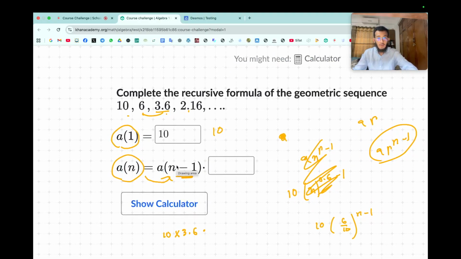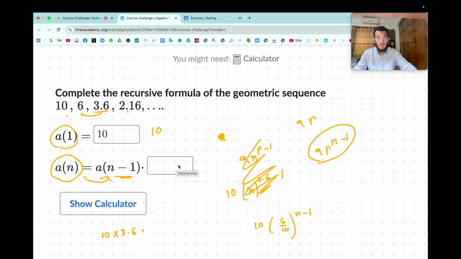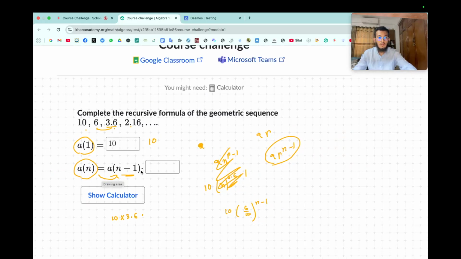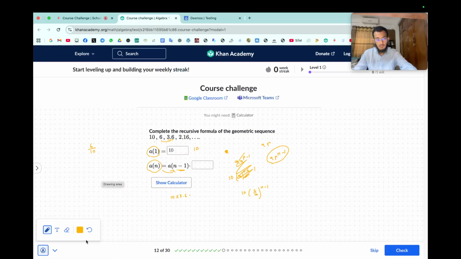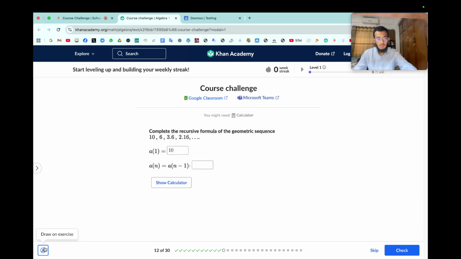But for the recursive form of the geometric sequence, we have a times n minus 1 times 6 by 10, I guess.